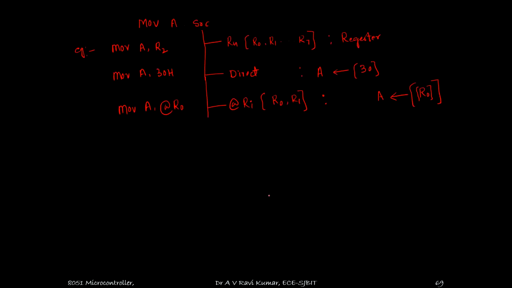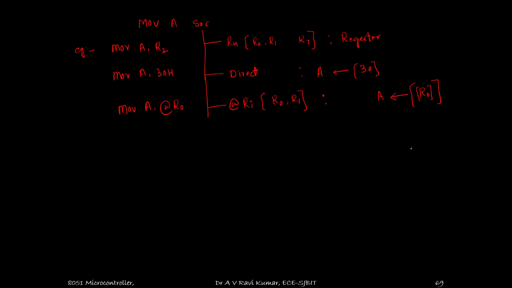R0 points to the address, and that content is moved to the accumulator. So this is the indirect addressing mode.